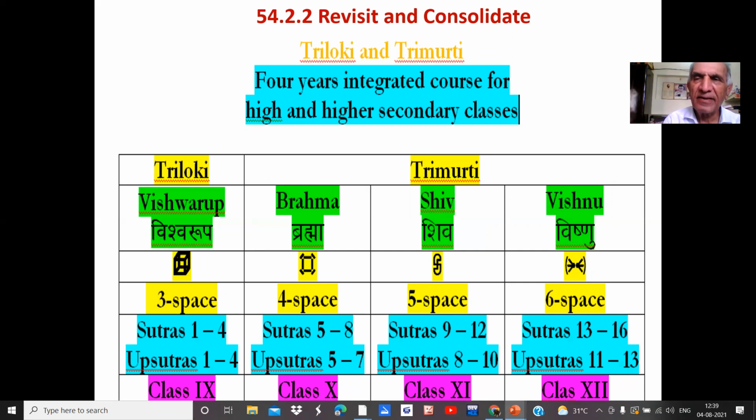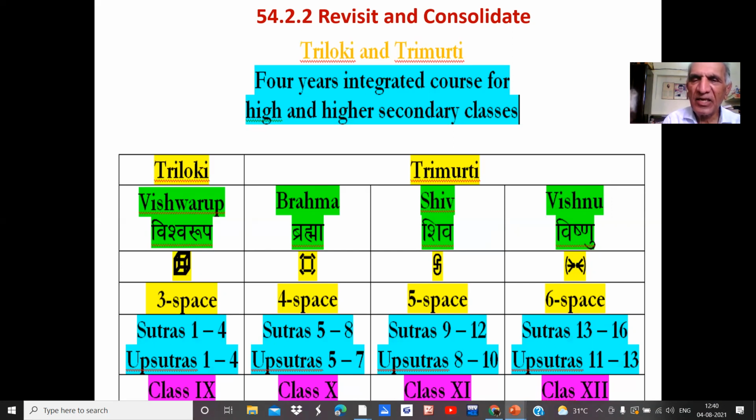Class 9 is to cover Triloki as Vishwarup as 3 space, and also approach the mathematical base of sciences and technologies in terms of the values of Sutras 1 to 4 and Upsutras 1 to 4.